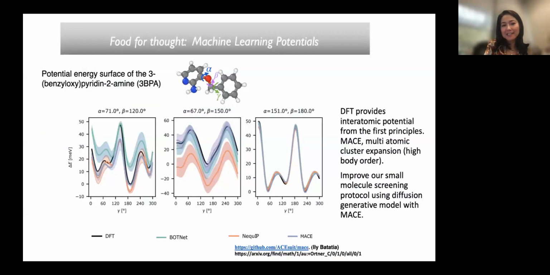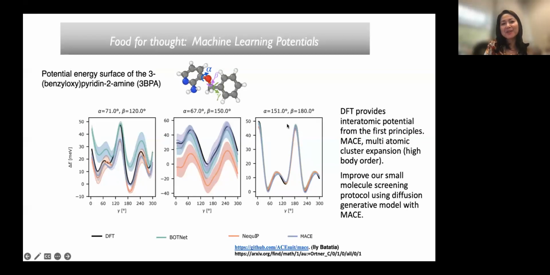As a closing thought, I'm quite excited about new machine learning force fields that I'm fortunate to collaborate on with colleagues here at UBC and friends from Cambridge.